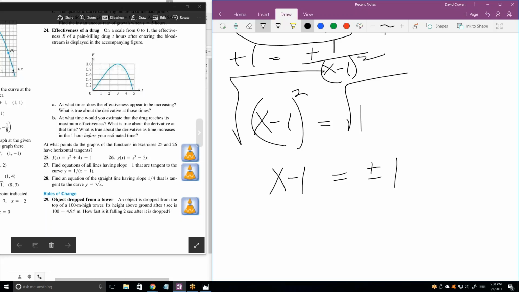The one thing I try to tell every student that I have is that when you're solving an equation by taking the square root of both sides, always begin your answer with the words plus or minus. Because minus 1 works just as well as plus 1. Minus 1 squared is 1. So that's why it's plus or minus. Okay? Now solve this.